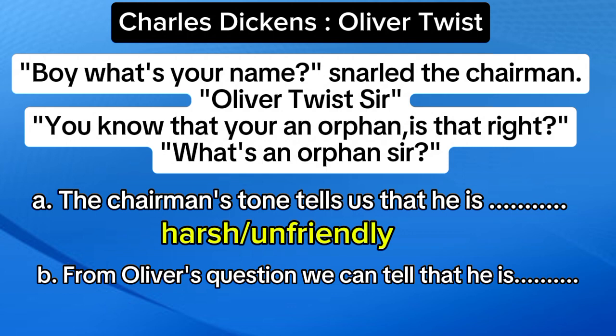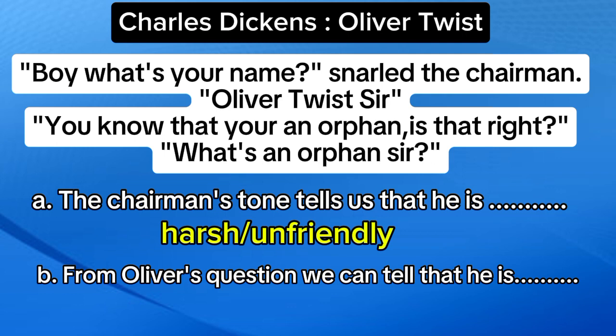From Oliver's question, we can tell he is dash. I read the second question again. It says, from Oliver's question, we can tell that he is dash. From the extract, Oliver asked the chairman a question, so it's a matter of going back to analyze the question in the extract.